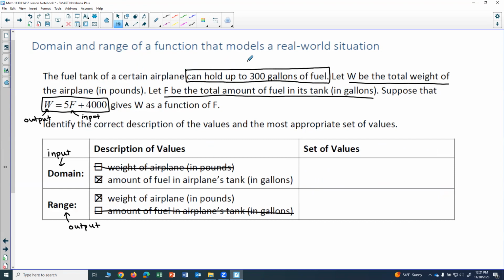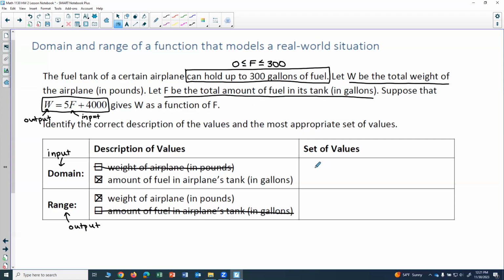And so the amount of fuel in the tank has to be less than or equal to 300. Now we're talking about an amount of liquid. The fuel is a liquid. And so it would have to be greater than or equal to 0, because I can't have a negative amount of fuel in my tank.